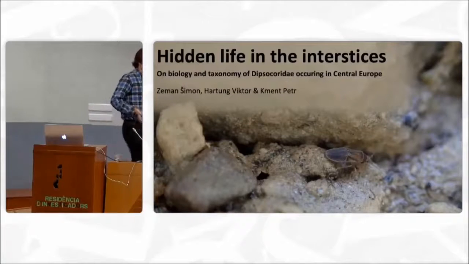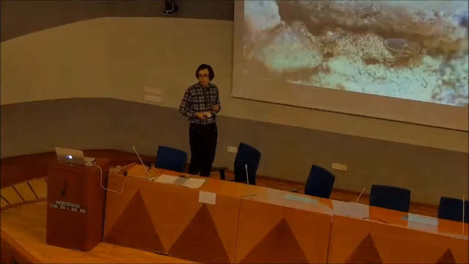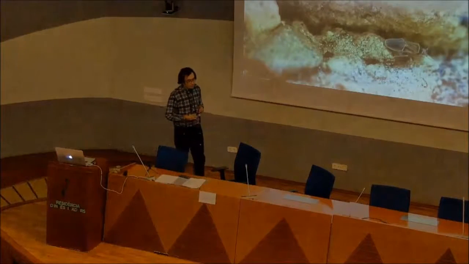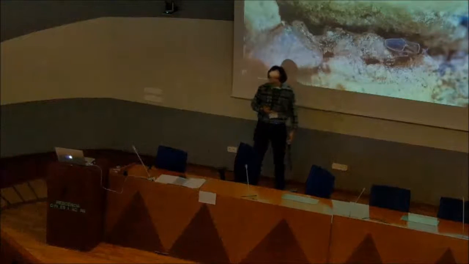As you may know, dipsocorids are similar to other families from the infraorder Dipsocoromorpha: rather small, brown, a bit beetle-like in appearance, as you can see here.